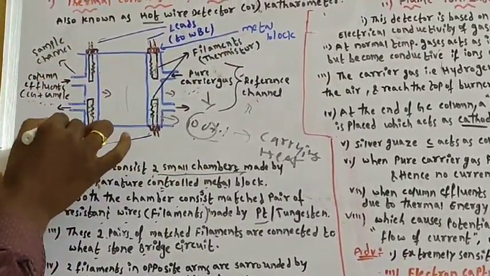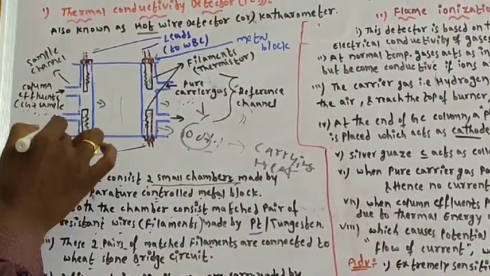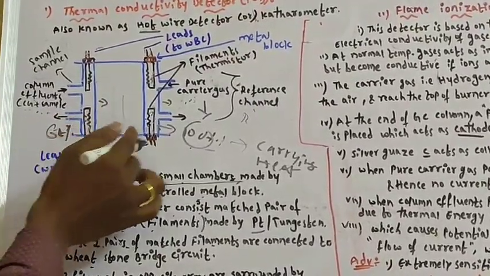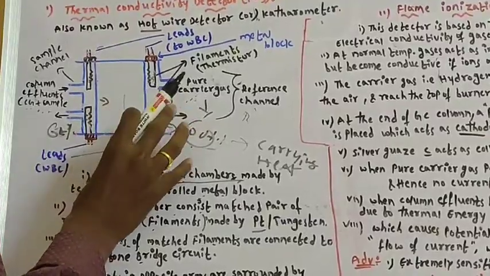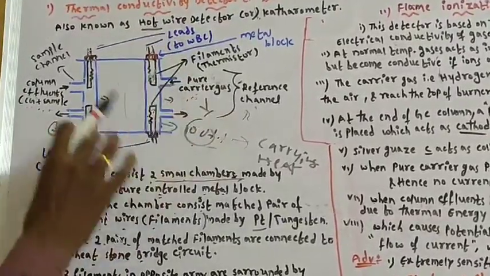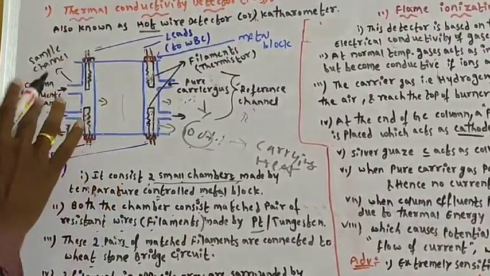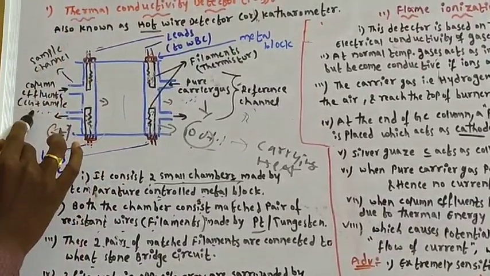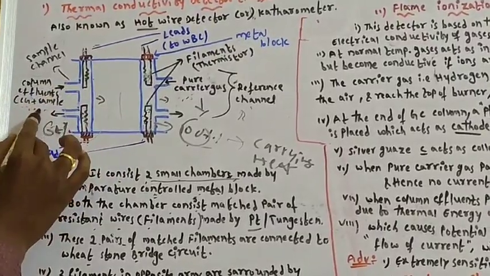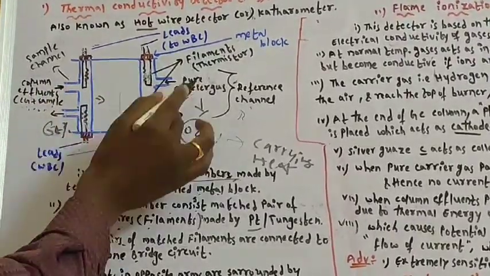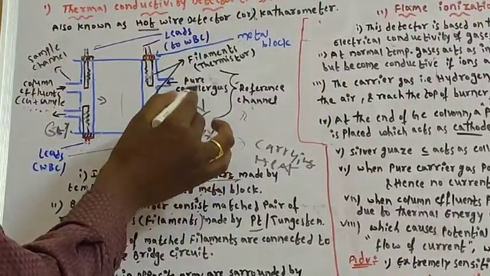Suppose it only transfers 60% of the heat. Only this filament becomes somewhat cool, because the sample has less thermal conductivity as compared to the pure carrier gas.